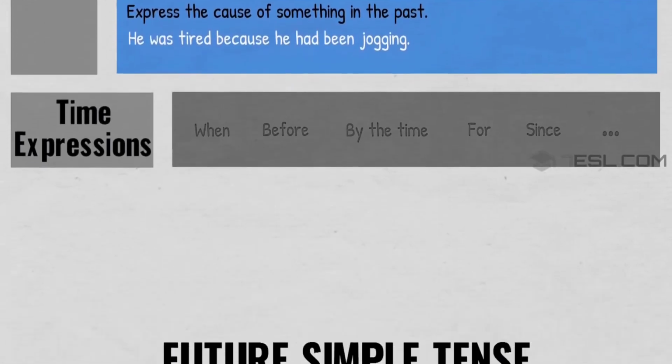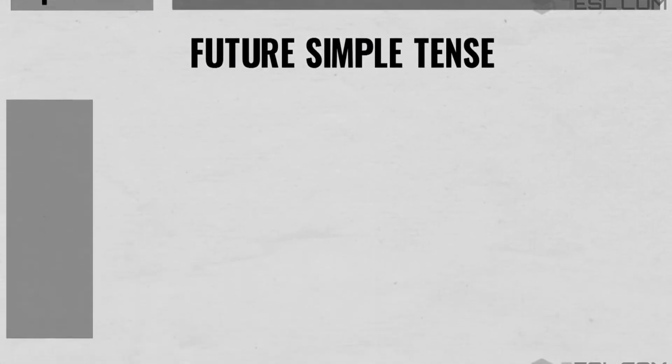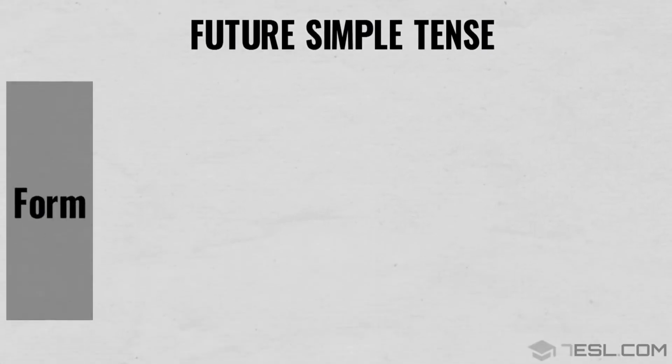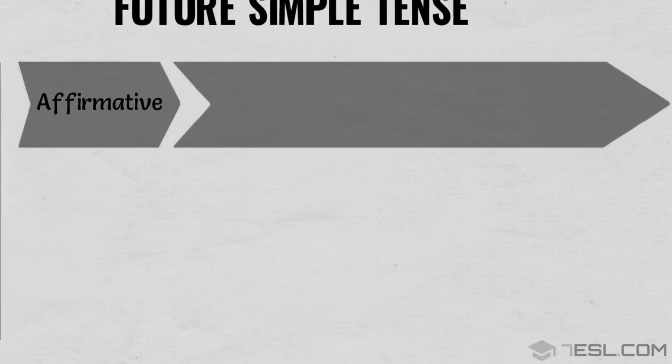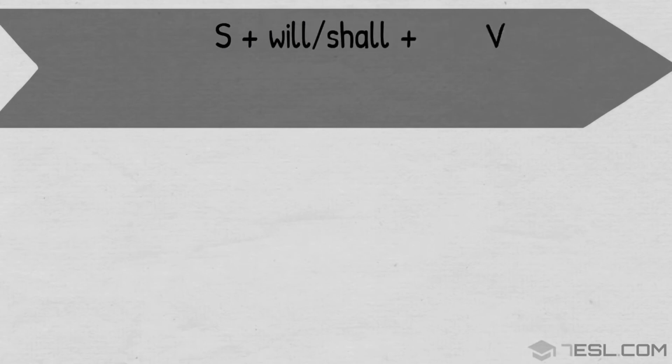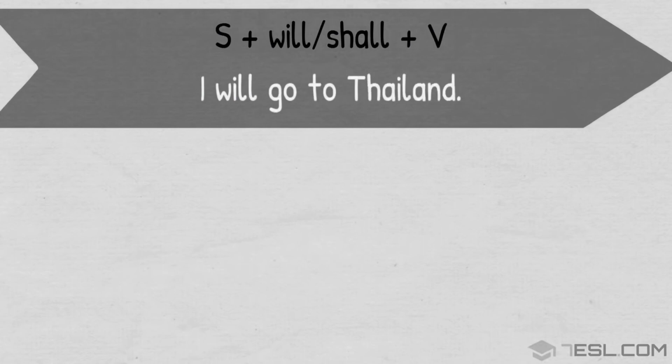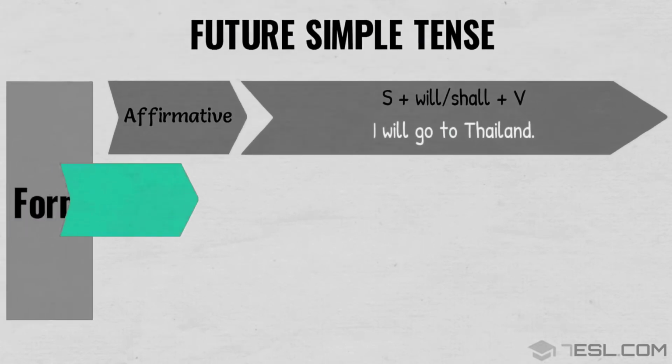Future simple tense. Form. Affirmative. Subject plus will or shall plus verb. I will go to Thailand. Negative.